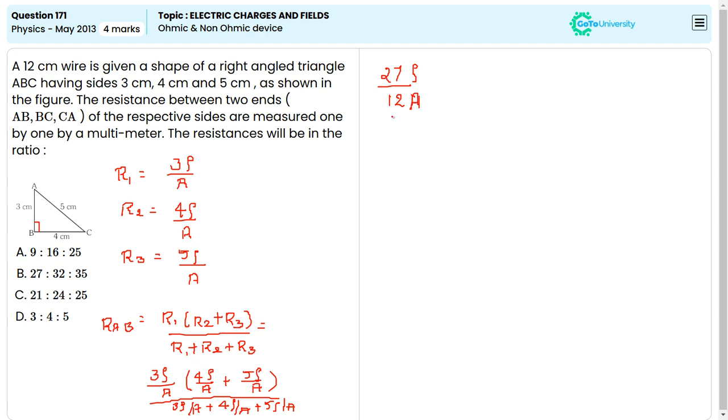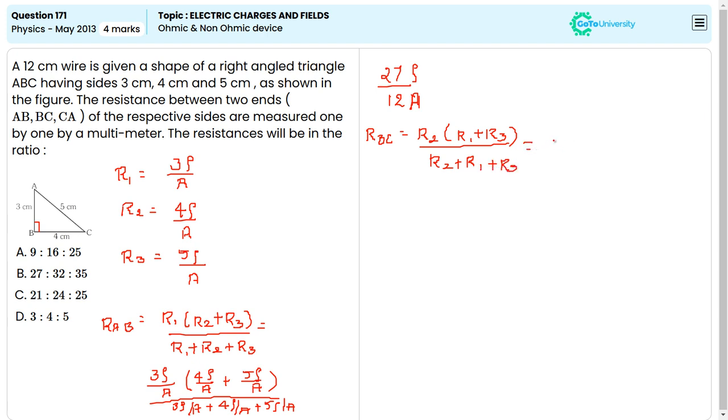Similarly, the resistance at the ends of BC is equal to R2 times R1 plus R3 divided by R2 plus R1 plus R3.